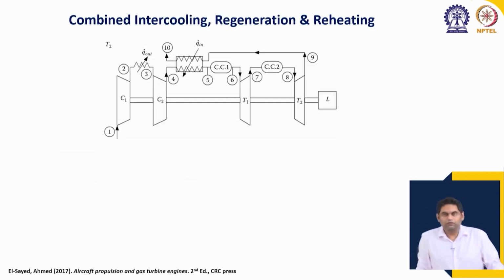In the last class we have seen what a combined intercooling and reheating cycle is. It combines both: dividing the compression process into two parts by adding an intercooler in between, and dividing the combustion and expansion in the turbine into two parts by adding a reheating or secondary combustion in between.